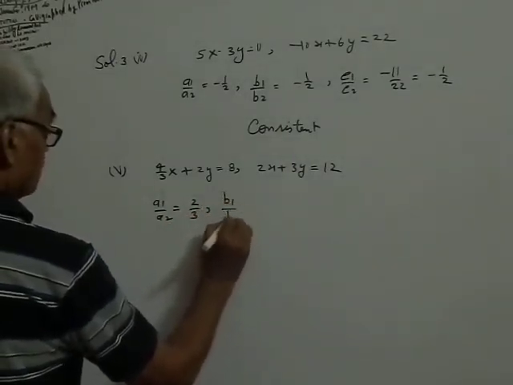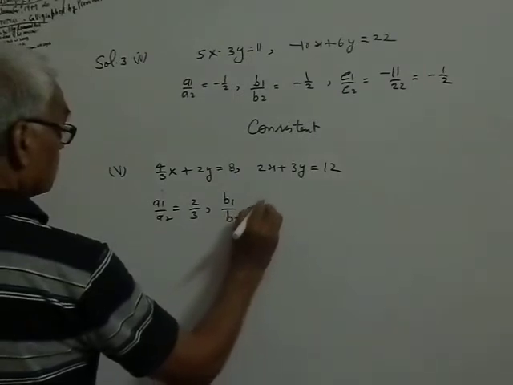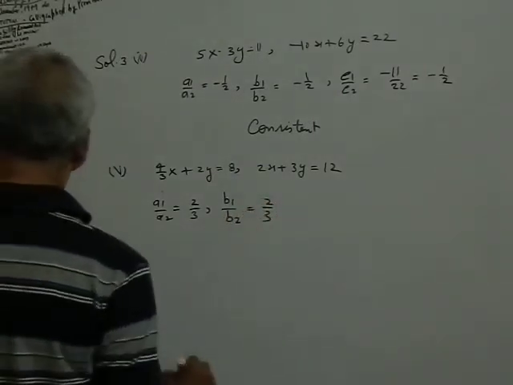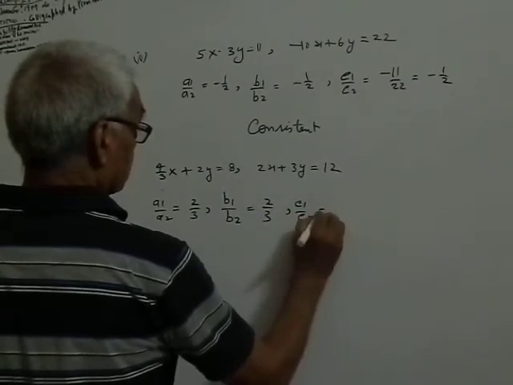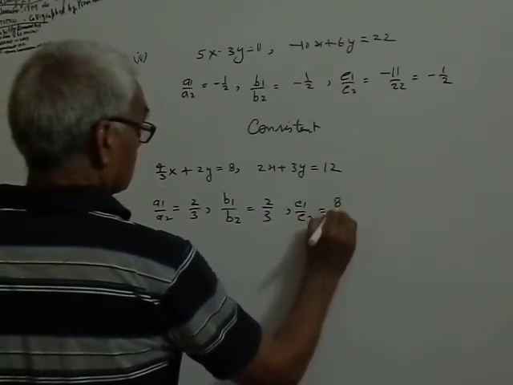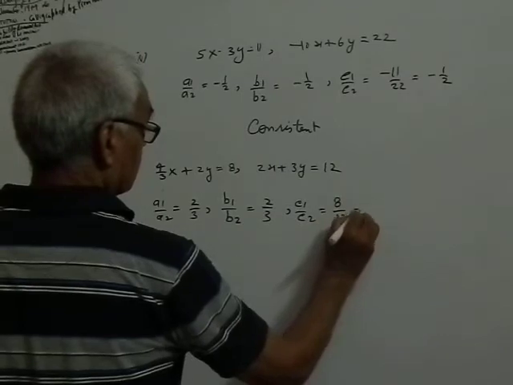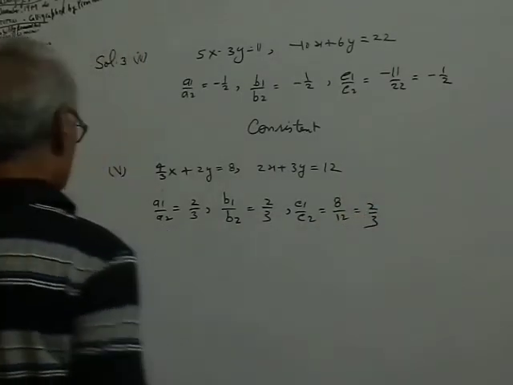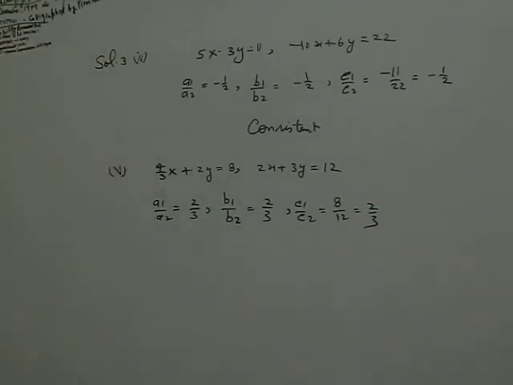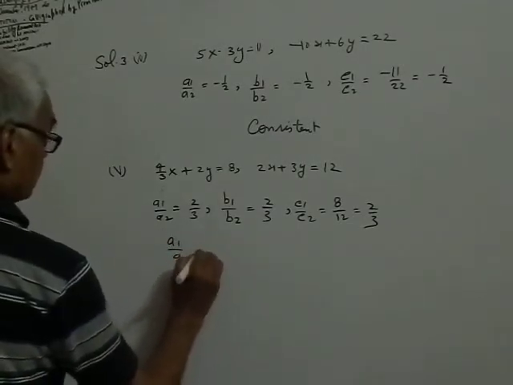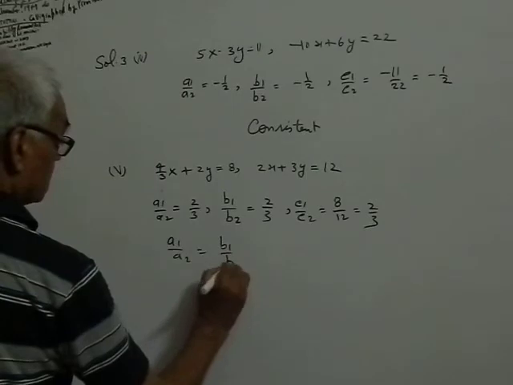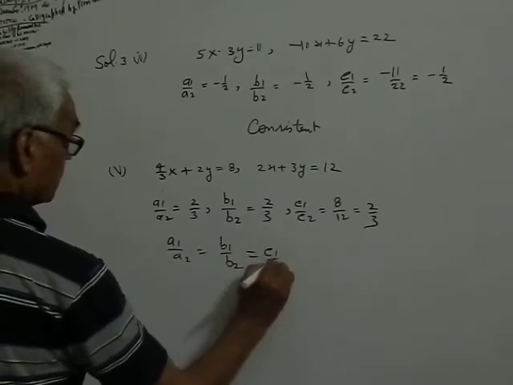Ratio of b1 upon b2 is 2 by 3, and ratio of c1 upon c2, that is 8 by 12, is again 2 by 3. So a1 upon a2 is equal to b1 upon b2 is equal to c1 upon c2.